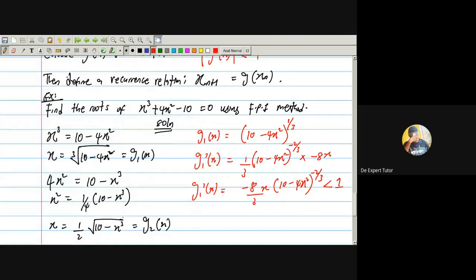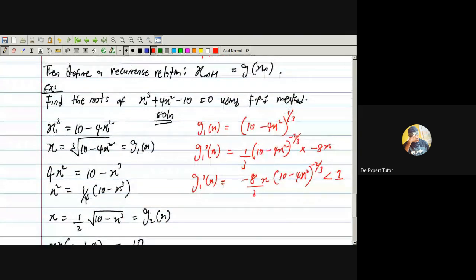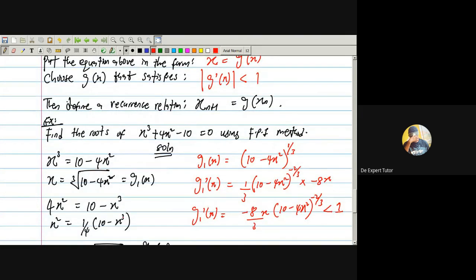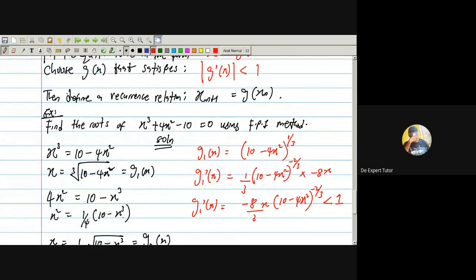Wait, I'm coming, don't let me jump. Let me reverse. What's the absolute value? 8/3 x times 10 minus 4x squared, to the power of minus 2/3.